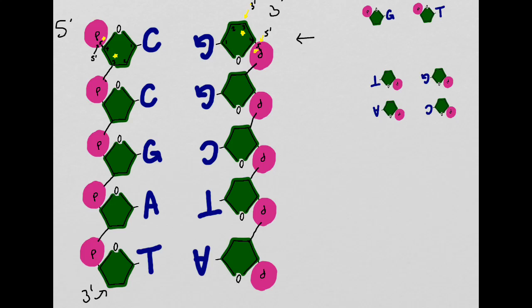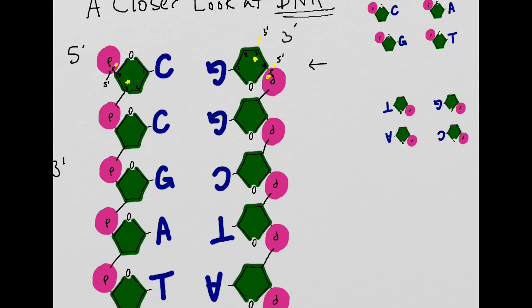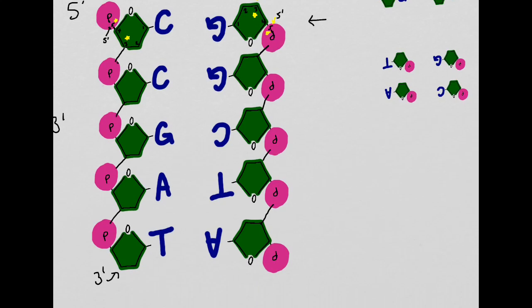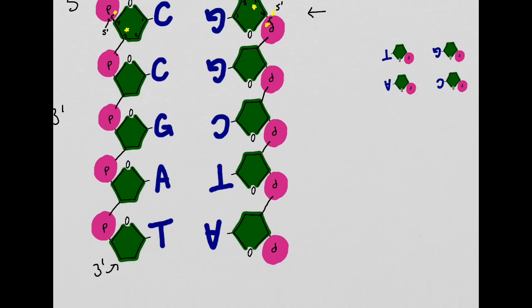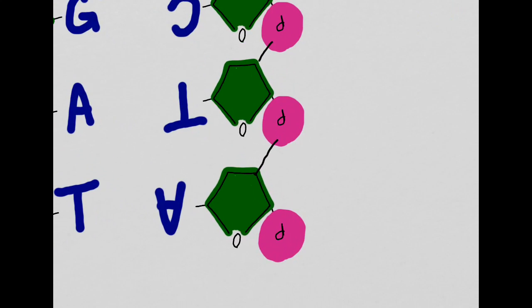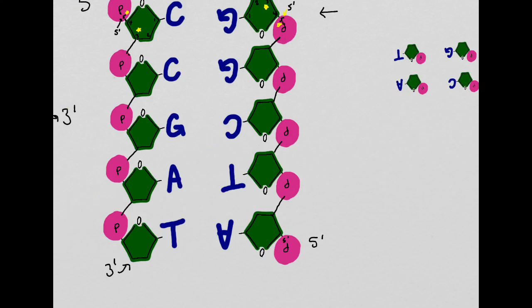The 3 prime carbon is up. And as we travel all the way down here, here's where our 5 prime carbon would have been. So the 5 prime carbon is down.